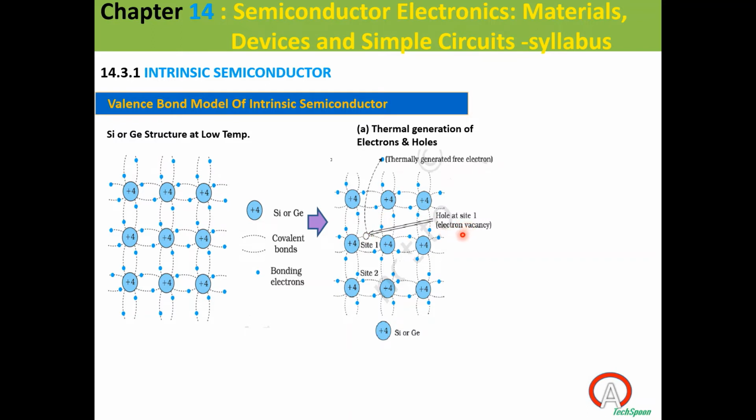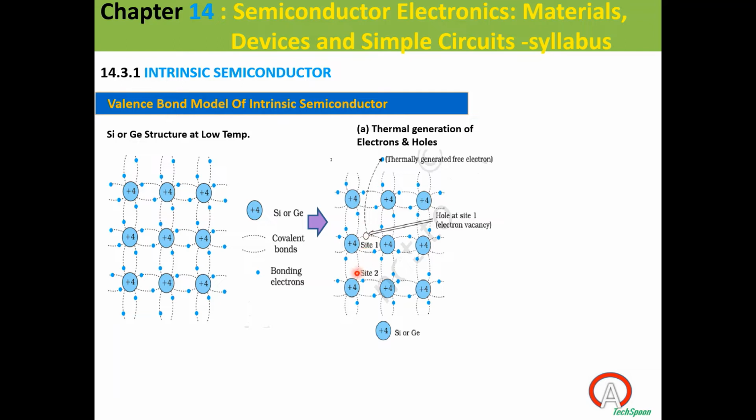Then another nearby electron will move to this hole. I take this as site 1 and this as site 2. At site 1, the first electron is excited and moved to the conduction band, and a hole is generated here.